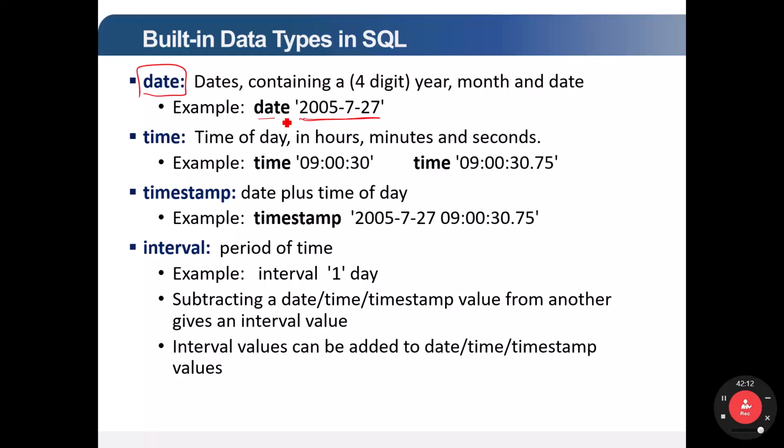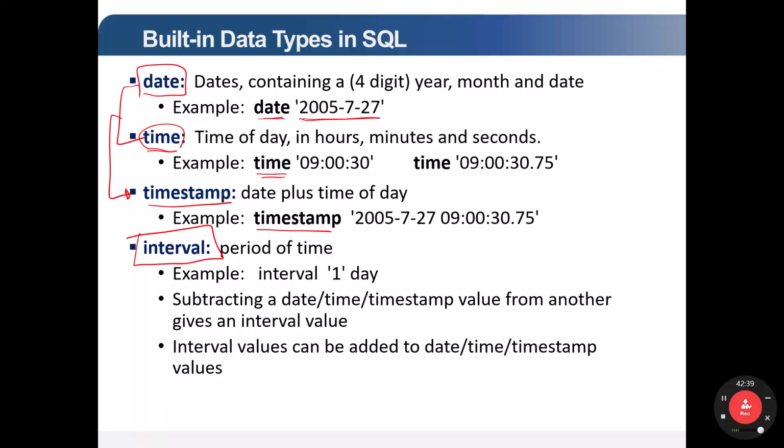Then you can have a date type attribute. And if you need time, you can also have another attribute of time type. And timestamp is a combination of date and time. These two pieces of information can be stored in the same attribute of timestamp type.